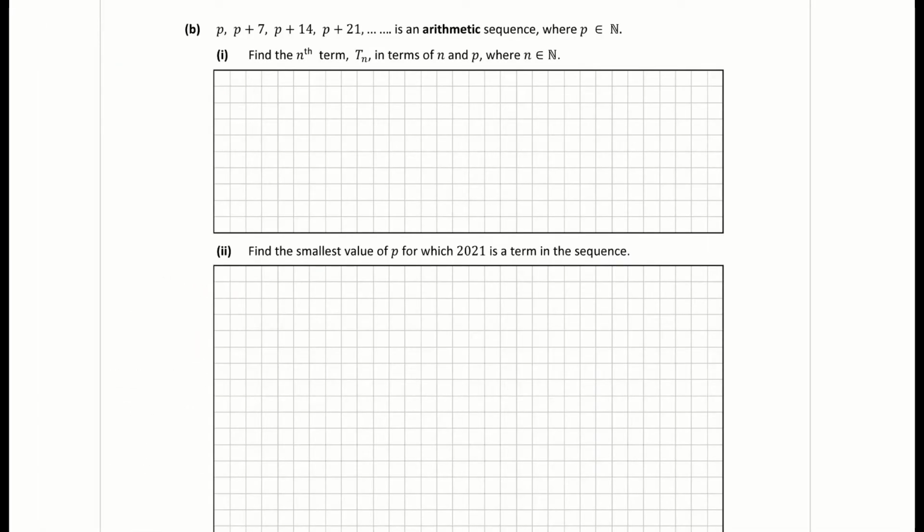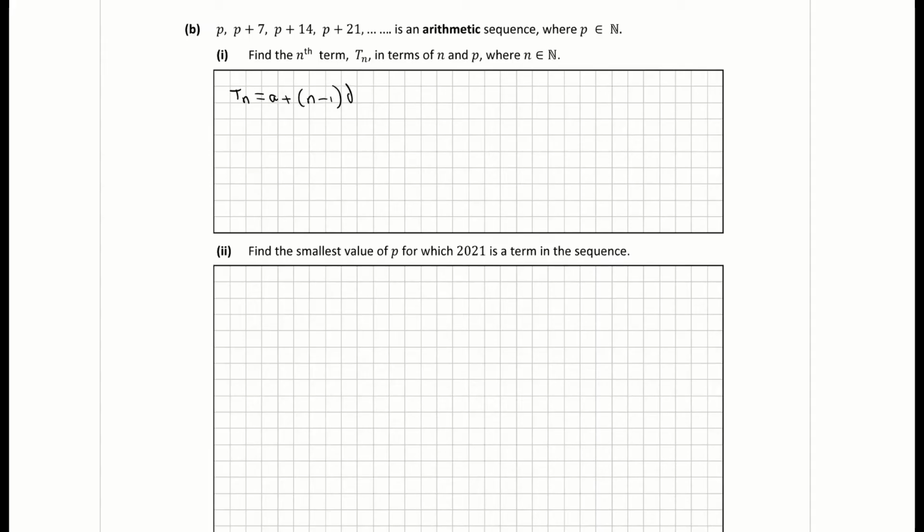So we're into patterns. They've given us this sequence, and it is an arithmetic sequence where p is an element of n. Find the nth term, tn, in terms of n and p. So from our log tables, we know the formula for an arithmetic sequence is tn is equal to a plus n minus 1 times d.